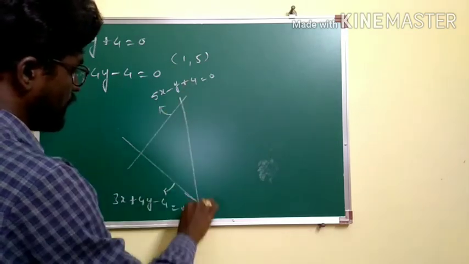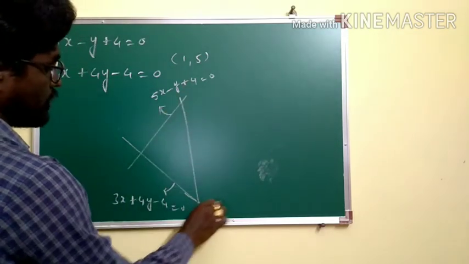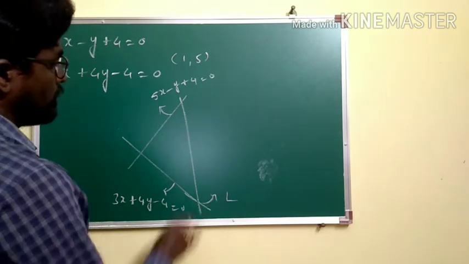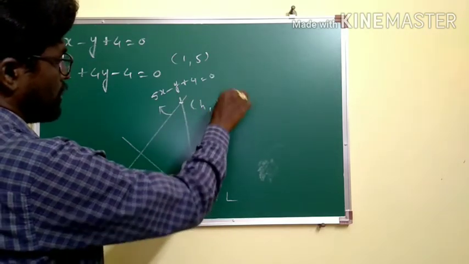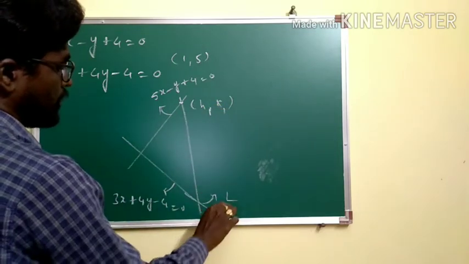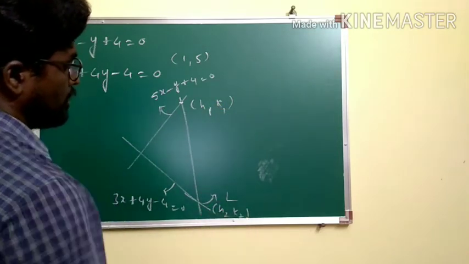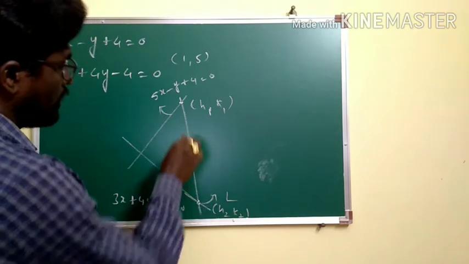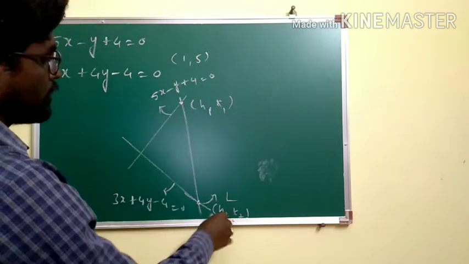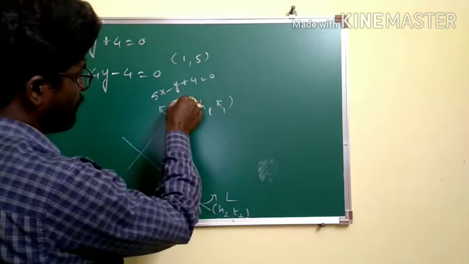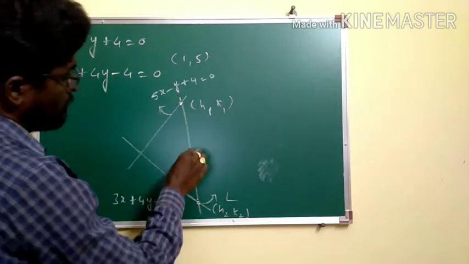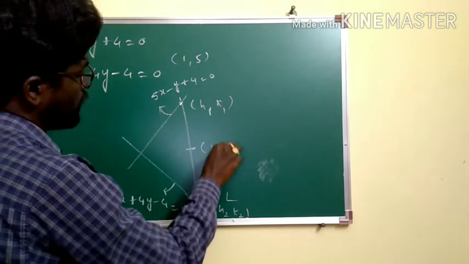Let's consider this is a line, the required line L, and this point of intersection I am taking as (h1, k1), and this point of intersection as (h2, k2). These are the points of intersection with the two given lines, and its midpoint is given as (1, 5).